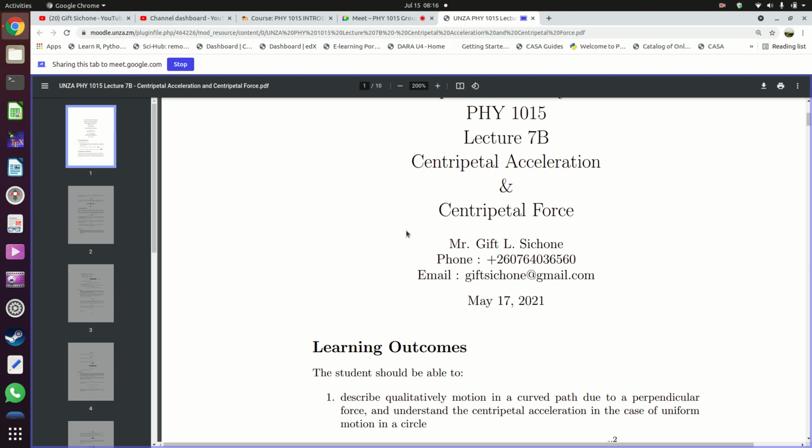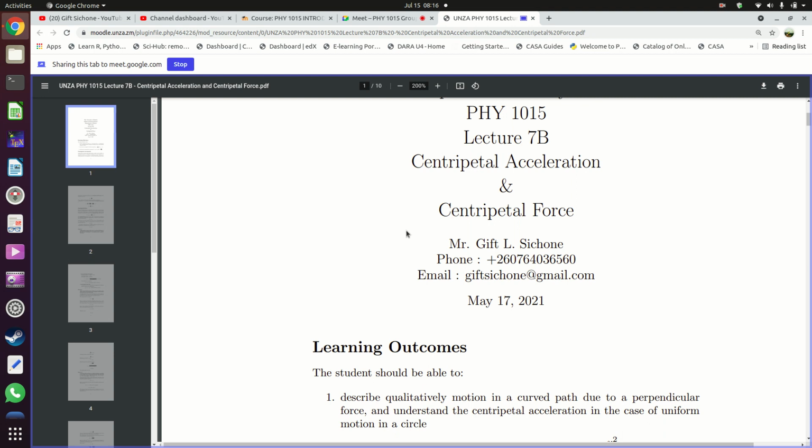However, when an object undergoes acceleration, meaning either the size or the direction of its velocity is changing, there has to be a force causing that acceleration. Are we clear? Yes, sir.